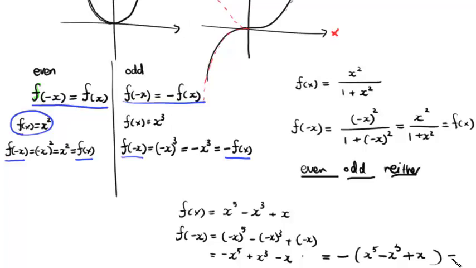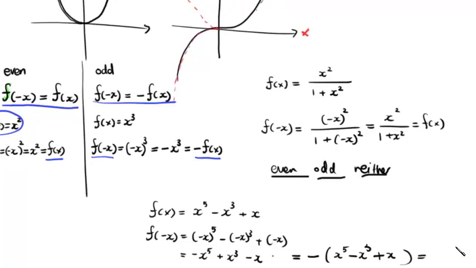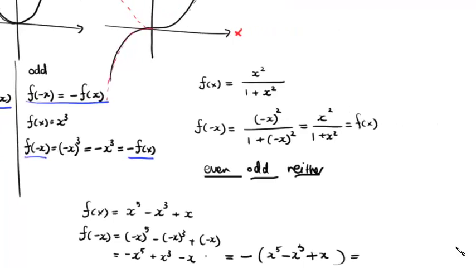So we can see that this here is the same as the original function, so we can just simply put a minus sign there and f of x like this. Okay? So that means this is satisfying the quality of an odd function, isn't it? So that turns out to be the same as negative of the original function, like this one here.